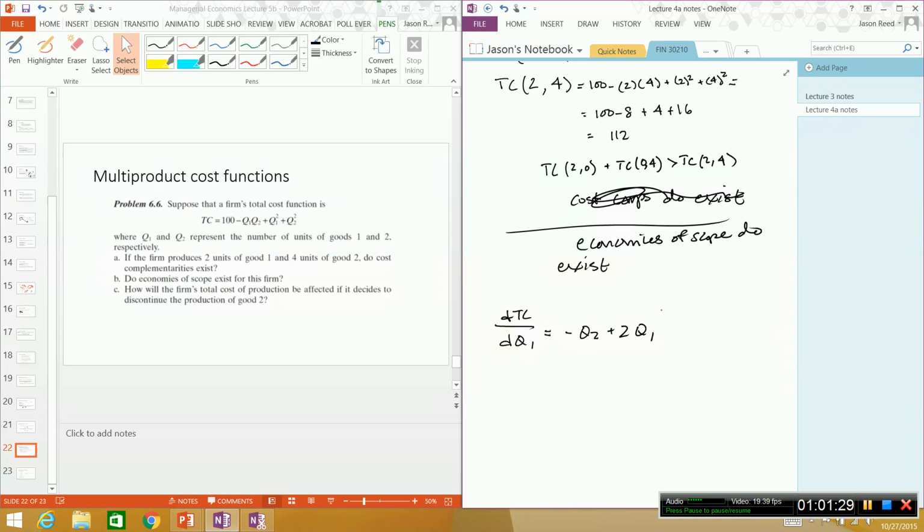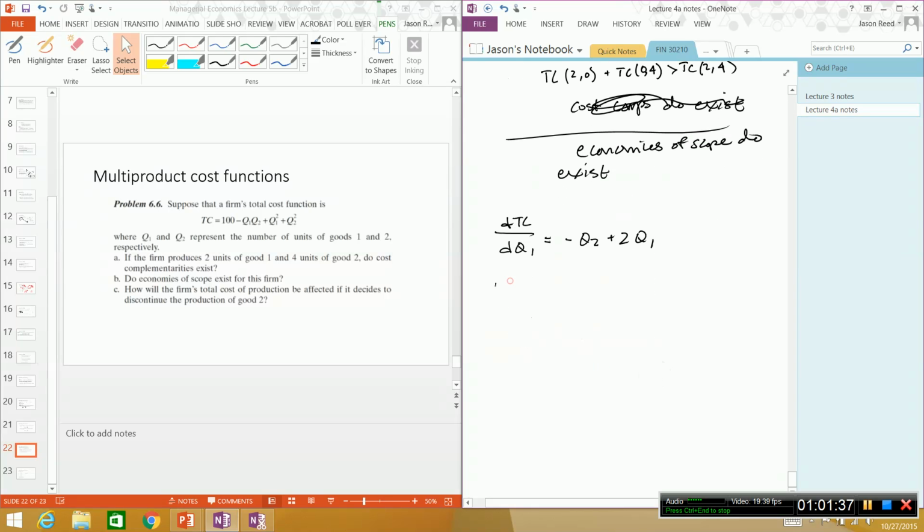We have a theorem called Young's theorem in calculus that says it won't matter how you start. We will get the same result. So now we do the second derivative with respect to Q2, and we get negative 1. This is less than 0, so yes, indeed, we have cost complementarities existing. Good. So that is A and B.